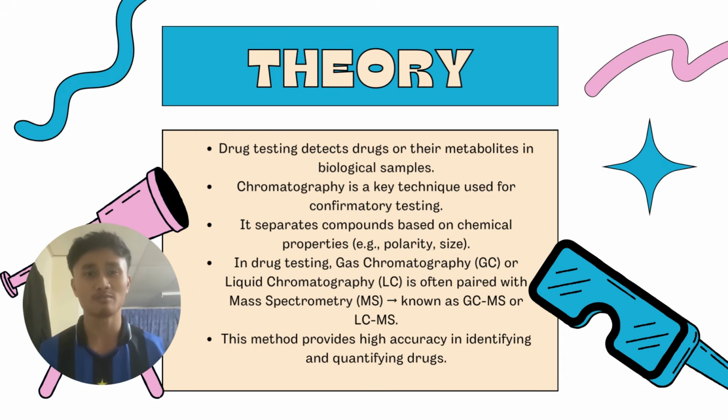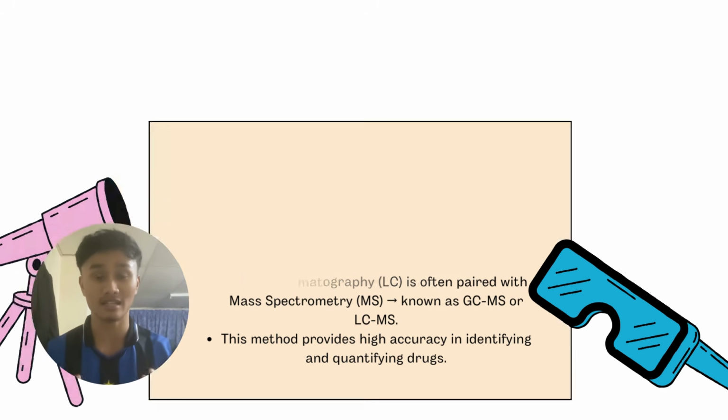This combination provides high accuracy in identifying and quantifying chemical substances. This method ensures a high degree of precision in identifying and measuring drugs in biological samples, which is crucial for ensuring the accuracy of drug test results.